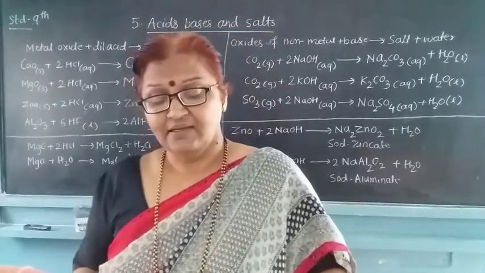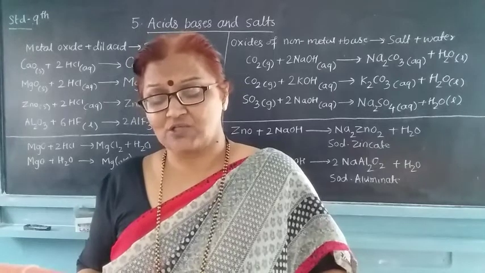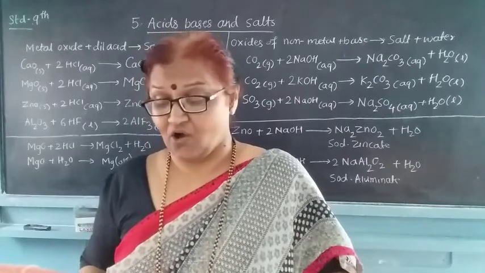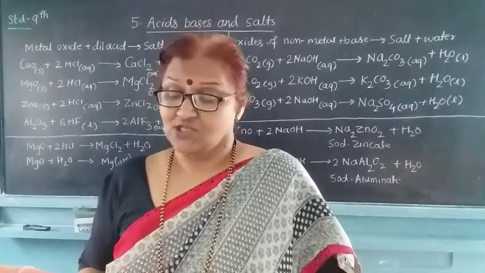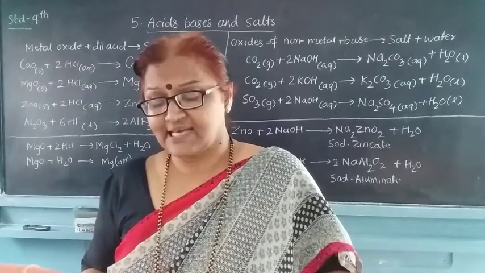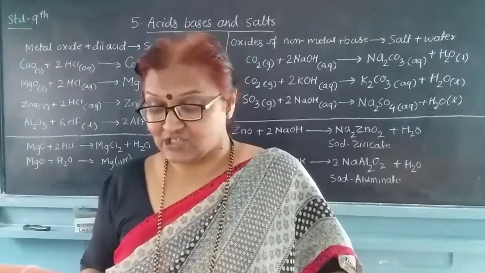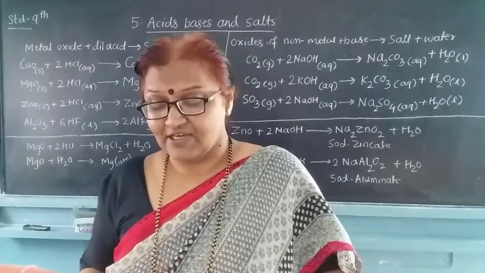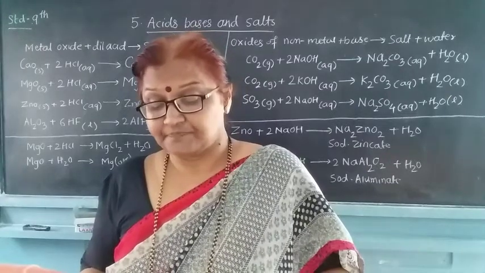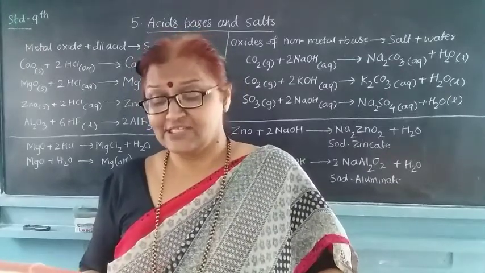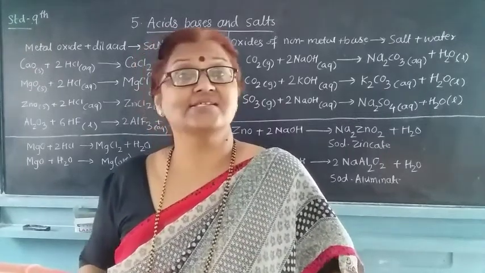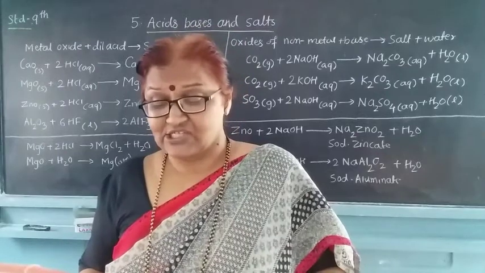Then see the next one: reaction of bases with the oxides of a non-metal. Bases react with the oxides of non-metals to form a salt and water. Hence, oxides of non-metals are said to be acidic in nature.